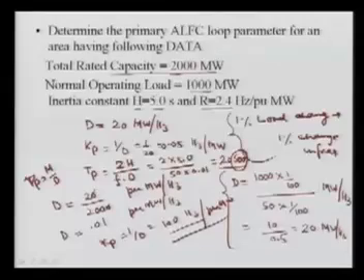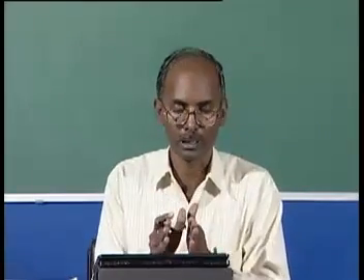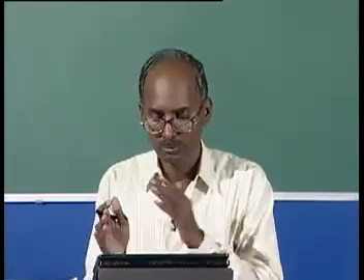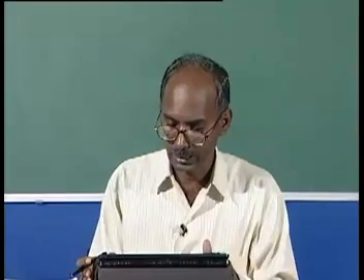Now come to another point, where we combine completely the transfer functions of the governor, turbine, as well as your power system and load, and then we can have this loop.